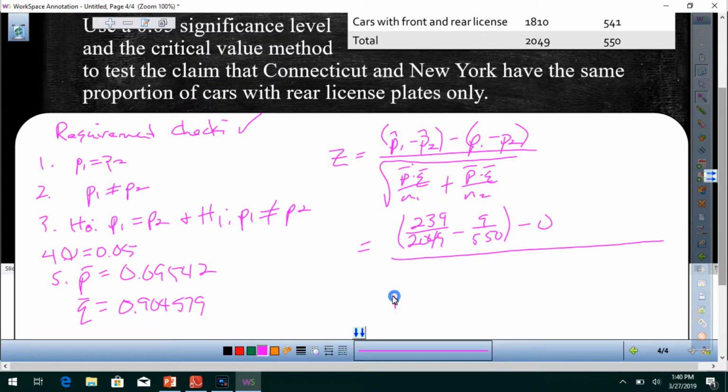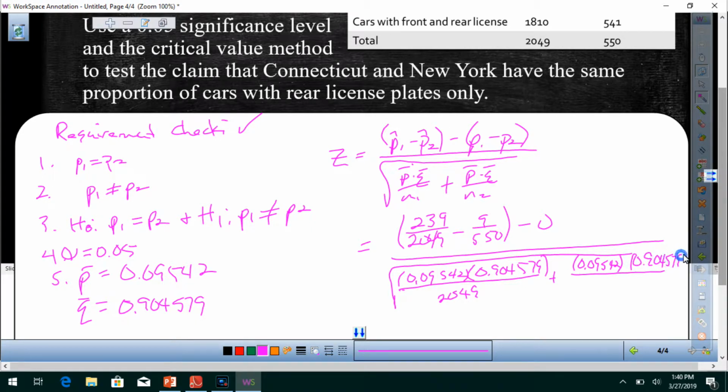So we're going to have the square root of 0.09542 times 0.904579 over 2049 plus, and then we're going to have 0.09542 times 0.904579 over 550.